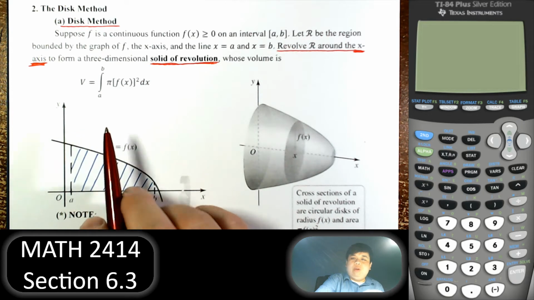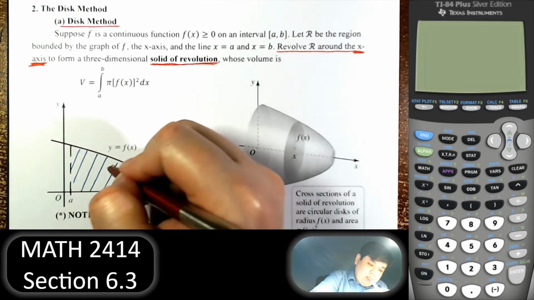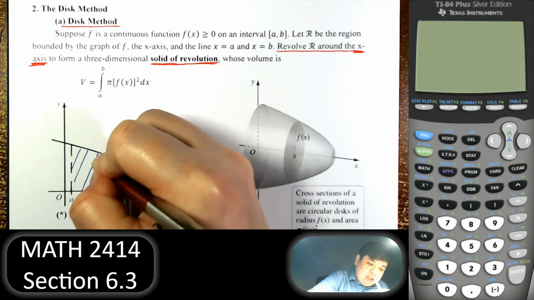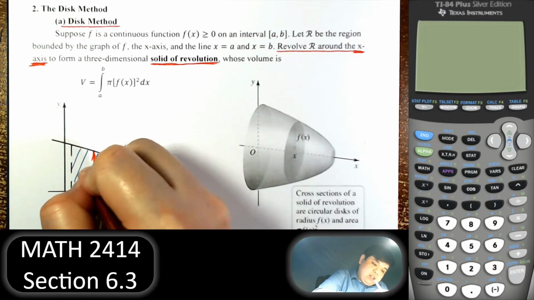So where does that formula come from? Think about this. We rotate about the x-axis, so from the axis of rotation going outward, we have the radius.